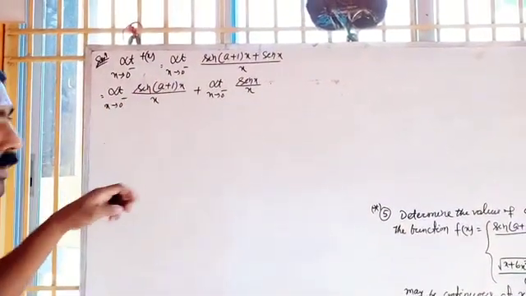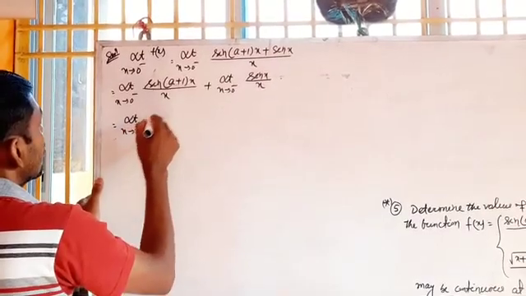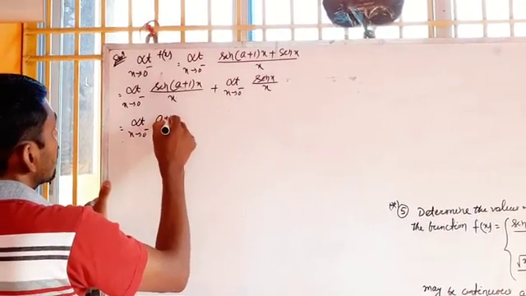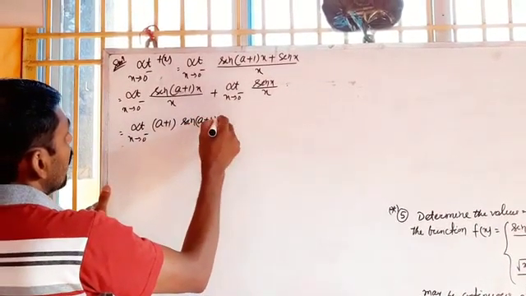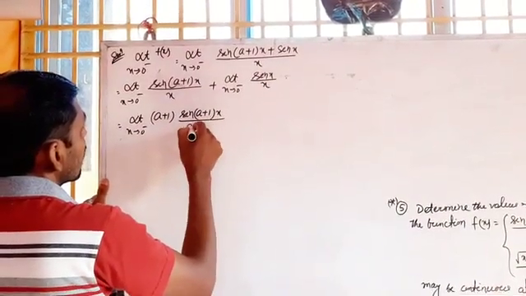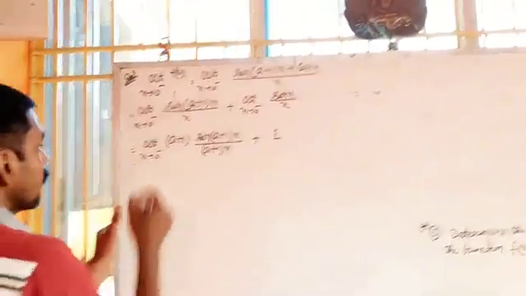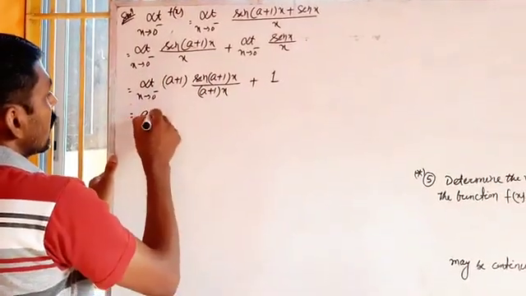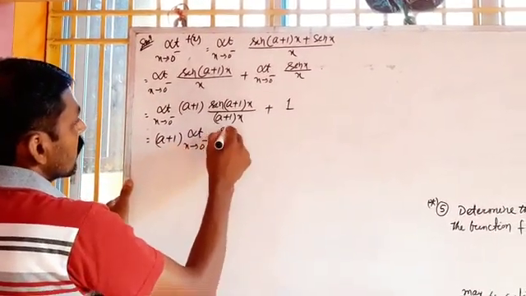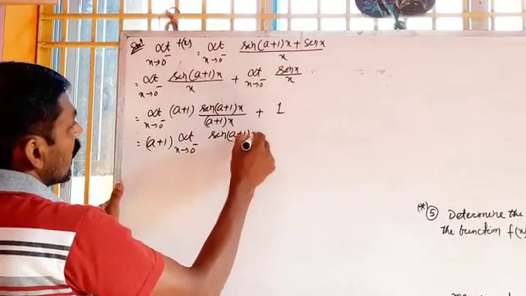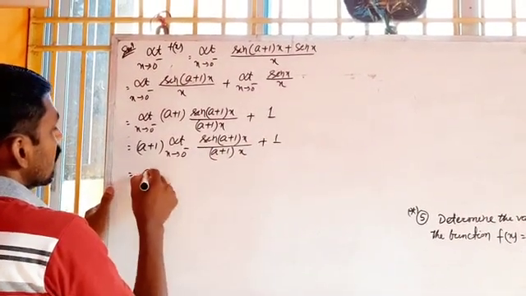So here we have to multiply and divide a plus 1. So it is limit x tends to 0 minus, a plus 1 into sin (a plus 1) into x by (a plus 1) into x, plus this is 1. So here also it is a plus 1 into limit x tends to 0 minus sin (a plus 1) x by (a plus 1) into x, plus 1. So it is a plus 1, plus 1.